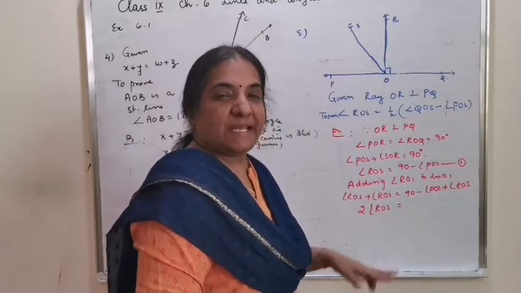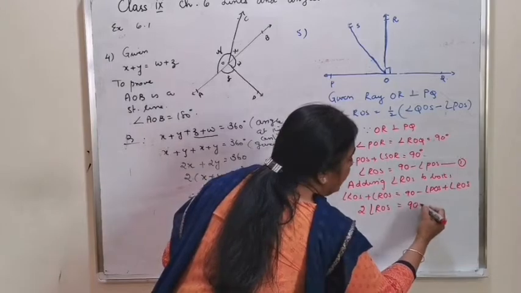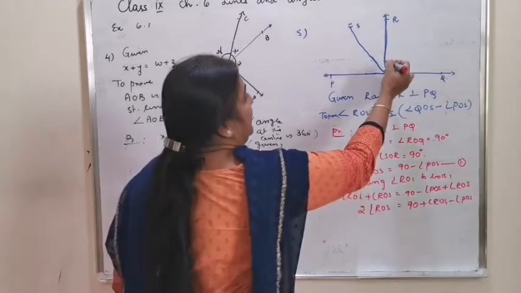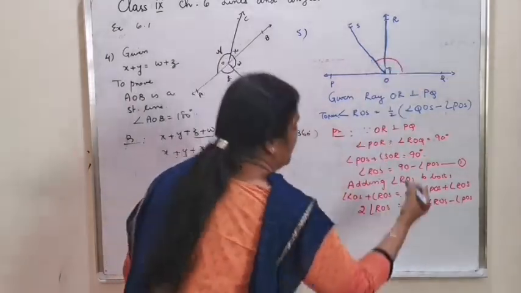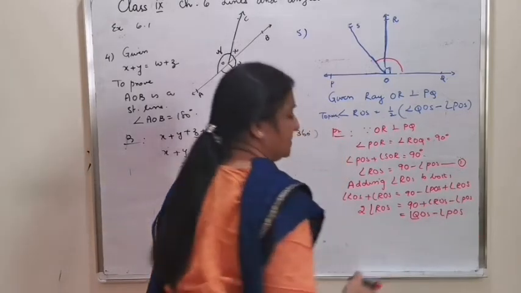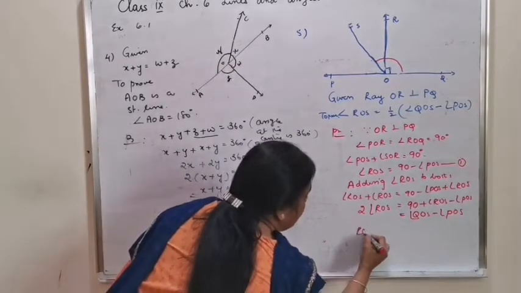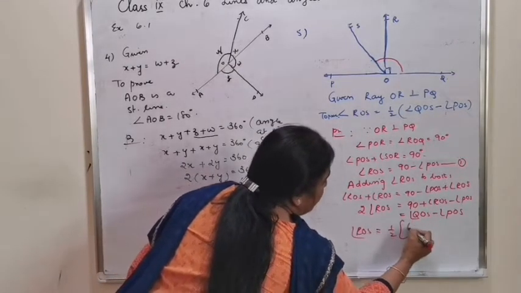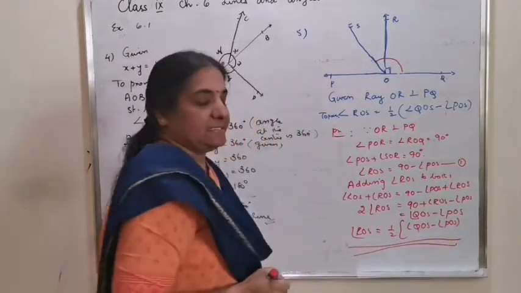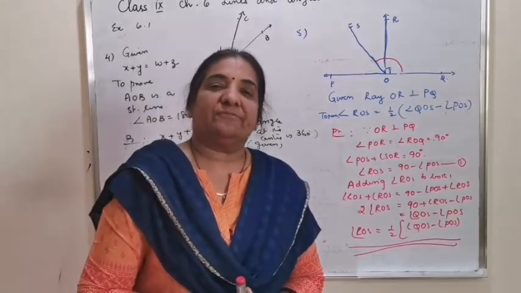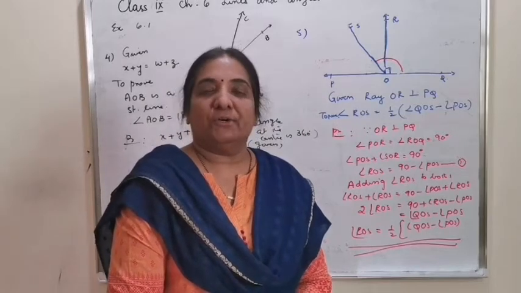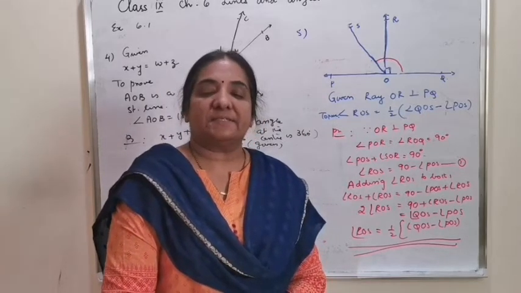That is 2 times angle ROS is equal to 90 plus ROS minus angle POS. 90 plus ROS is giving you QOS minus angle POS, or angle ROS is equal to half of angle QOS minus POS. That is the proof. Question number 5 is this one. Question number 6, you can try on your own by reading the question from the textbook.